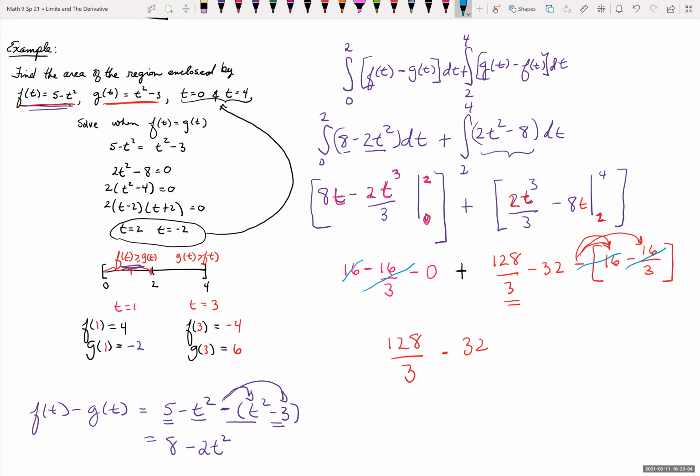And so we need a common denominator, which is 3. And so we get 128 thirds minus 32 times 3 is 96 thirds. 128 minus 96 is 32.